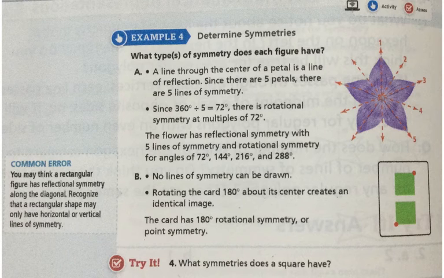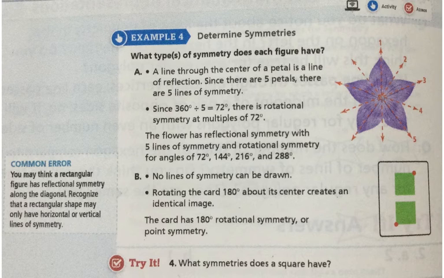Now then, the rotational symmetry. This time, think about how many times it could rotate. We could rotate 1, 2, 3, 4, 5 times within 360 degrees. So what they did is you take 360 divided by 5. That means every 72 degrees you rotate, you get somewhere it lines up. So that would be at 72.